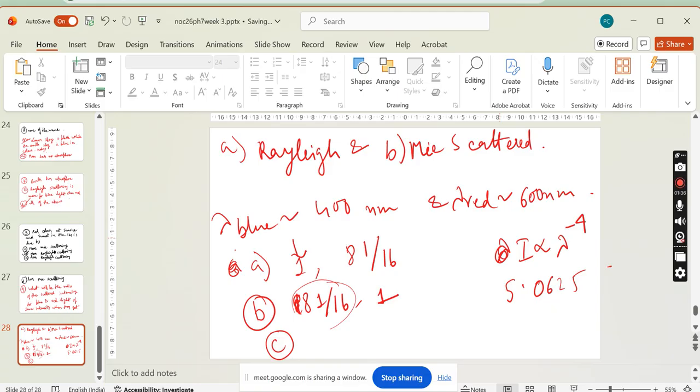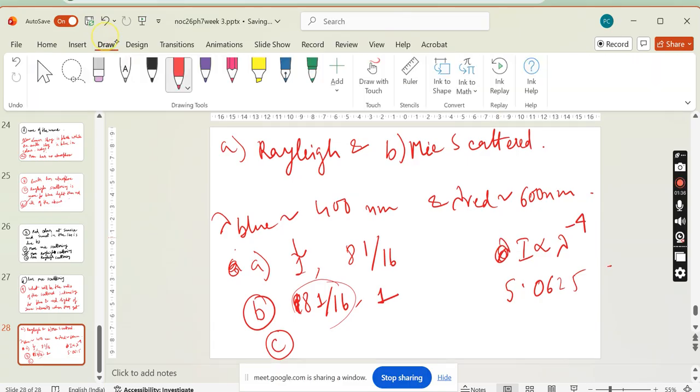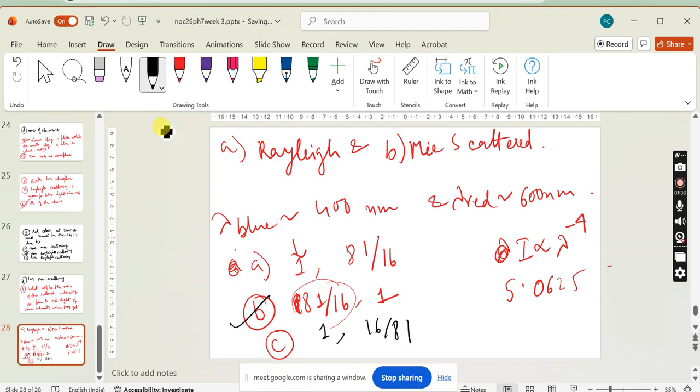It's not wavelength dependent, so both lights will be scattered at the same intensity. So the ratio is 1. So B is the answer.